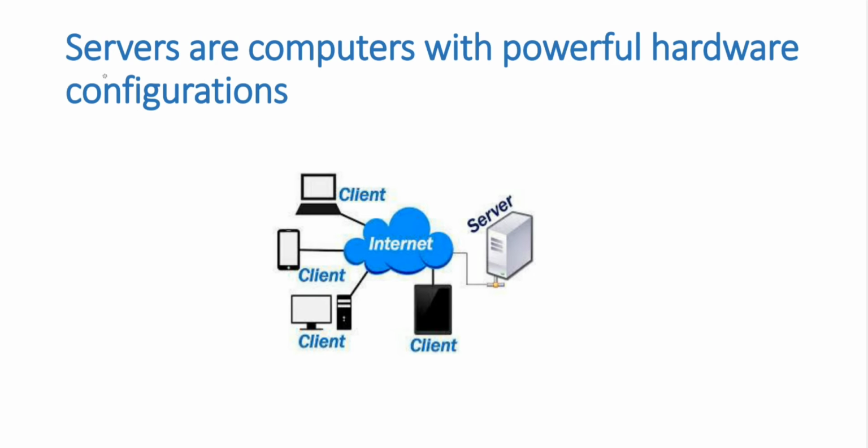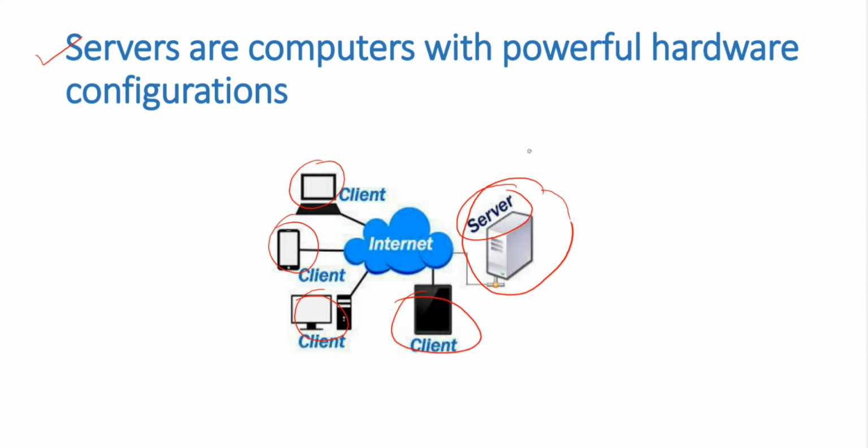Next, we will see that servers are computers with powerful hardware configuration. Okay, so the server is a heavy machine, and why is there a need to make it a powerful hardware machine? It is because a server has to serve the load of multiple clients, as we can see in this image.